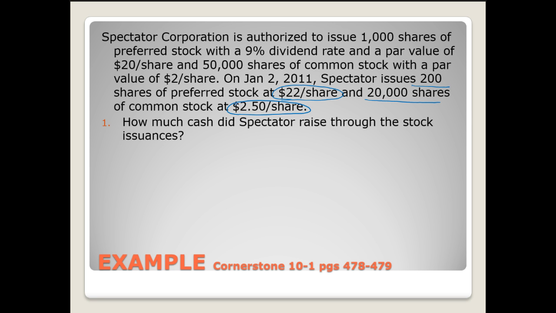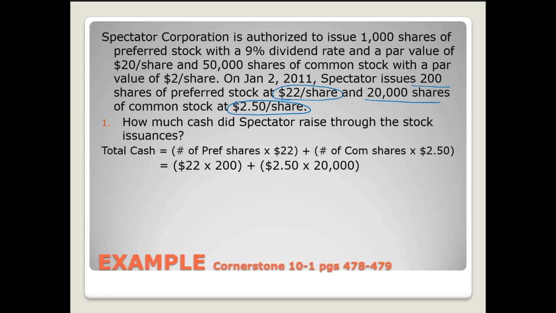The total cash is going to be the $4,400 of preferred, $22 times 200 shares, plus $50,000 of common, which is $2.50 a share times 20,000 shares, or a total cash received of $54,400.